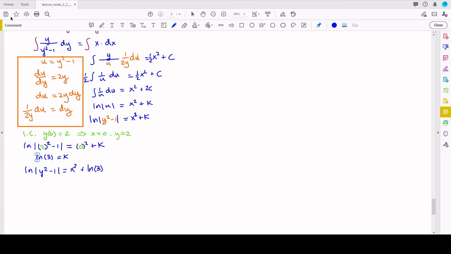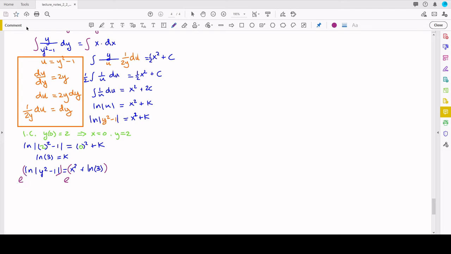We're going to exponentiate both sides with respect to e. So let's do that with purple. I'm going to use e to this power, and then I'm also going to use e to that power. And the e and the ln cancel each other out.